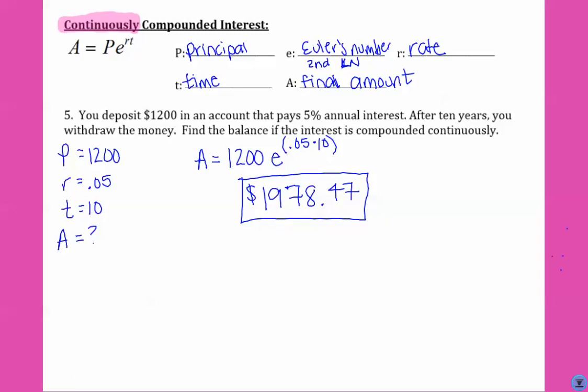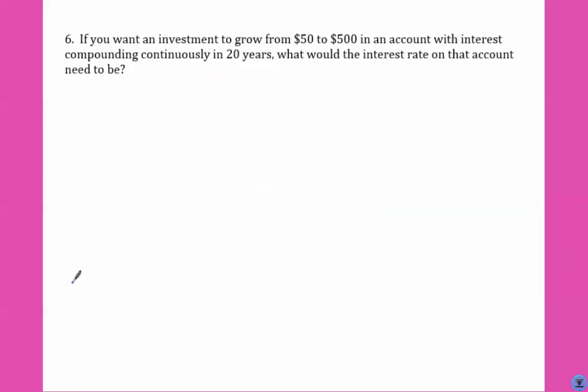All right, last example. If you want your investment to grow from $50 to $500 in an account with interest compounding continuously in 20 years, what would the interest rate on that account need to be? So, final amount 500, initial amount 50, rate is what we're trying to find, and our time is 20.